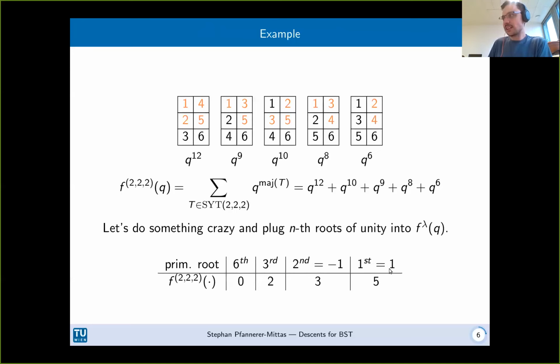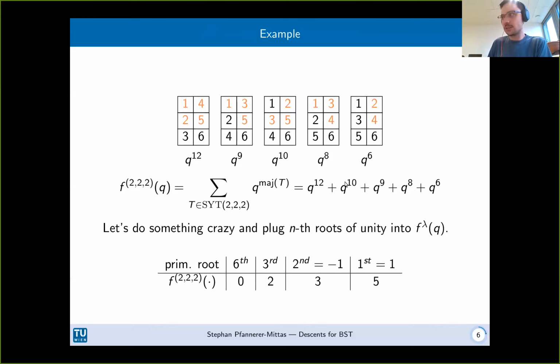If we plug in 1 into this generating function, we will get the number of summands in here, which is just the number of standard Young tableaux, in this case 5. It's also quite easy to do the 2nd root of unity because this is -1.